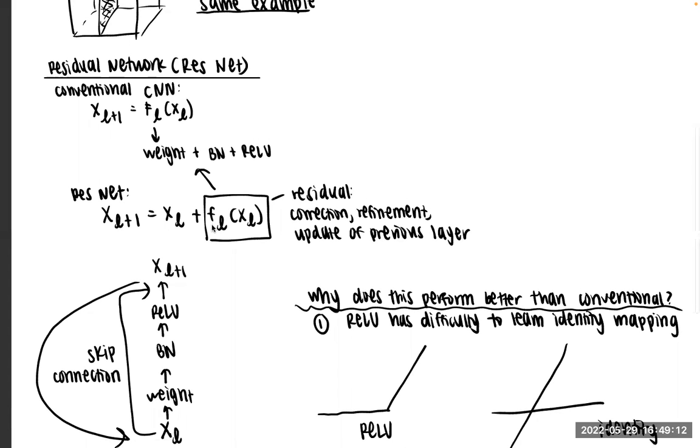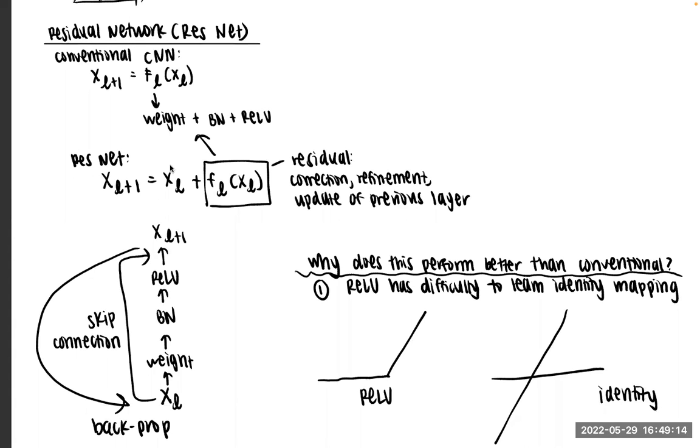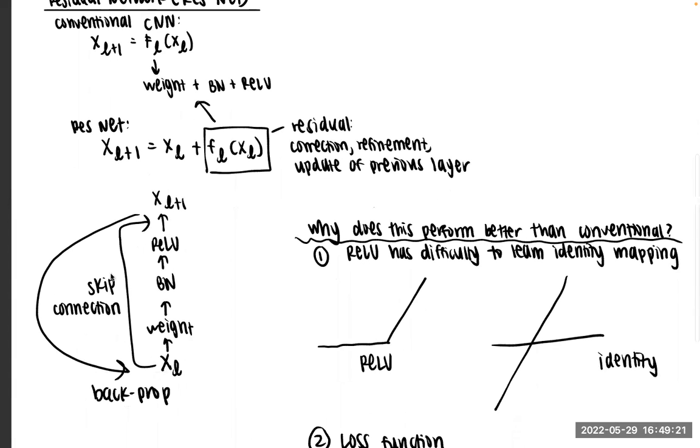However, in terms of training, this residual network has much better behavior or properties. Usually people plot the residual network in this way. We have XL and we want to compute XL plus 1. So you first copy XL and then you use a neural network, weight layer, batch normalization, or ReLU, or whatever order you can think of, to compute the residual. So you add XL to this f of L to get XL plus 1.